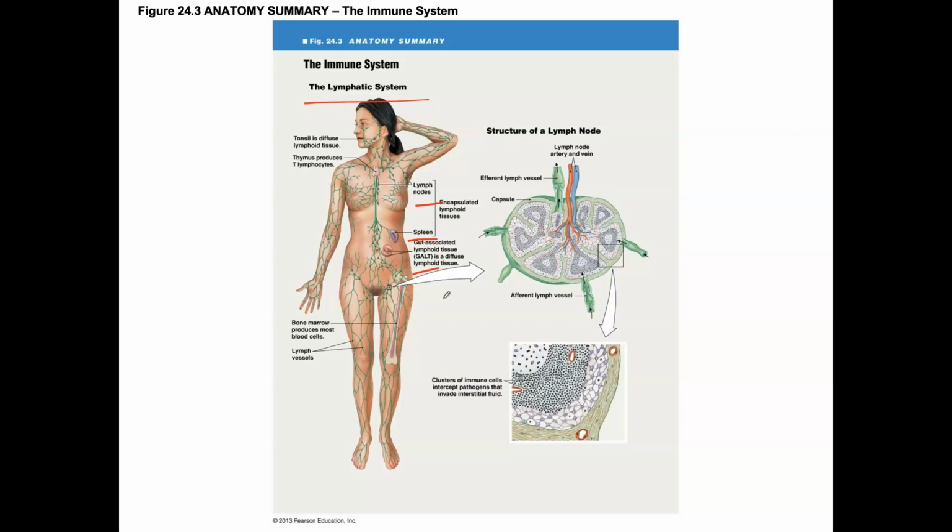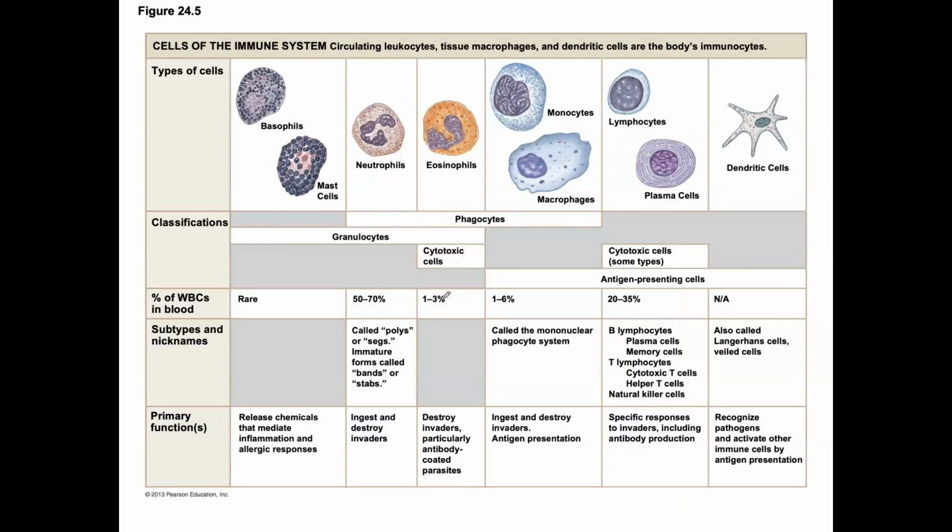Some of the key features of immunity are specificity and memory. And a lot of that specificity and memory has to do with immune system type cells. So there's lots of different types of cells that are going to be part of the immune system.